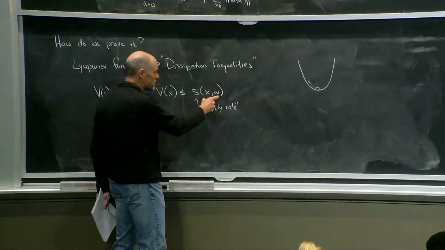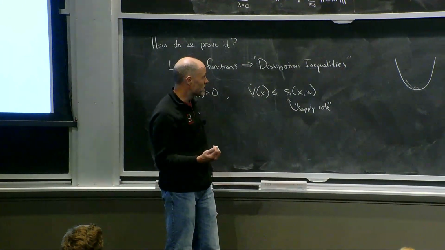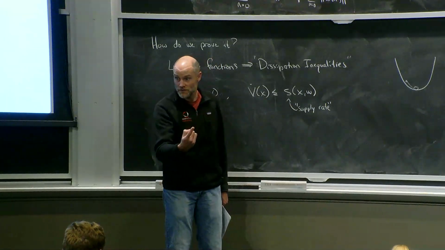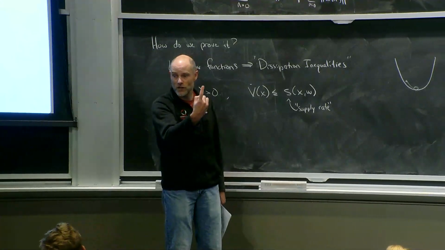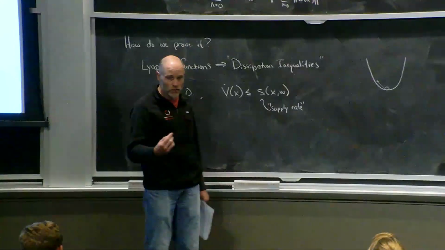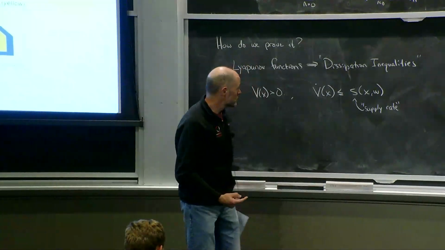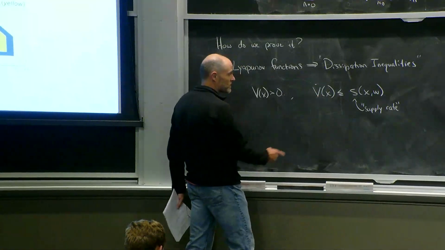If I have a rate that somehow looks like the size of w, then I'm not allowed to go uphill faster than w is pushing me uphill. But I have to admit that if w is coming in with some non-zero signals, I might have to go uphill. And for a particular choice of a supply rate, we're going to be able to provide particular bounds. So it's just a slight generalization of a Lyapunov function, which allows you to go uphill sometimes.